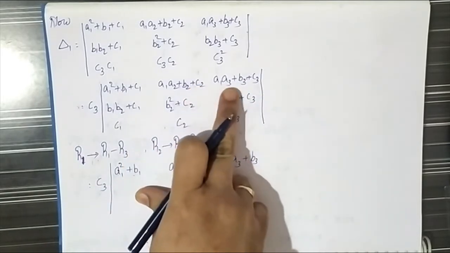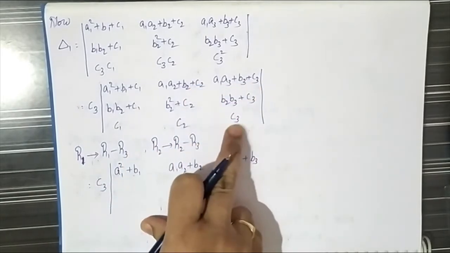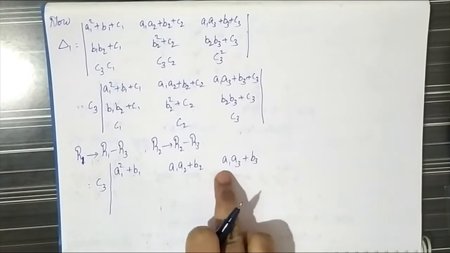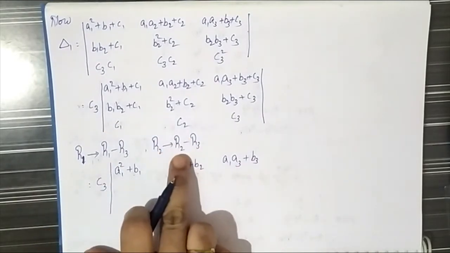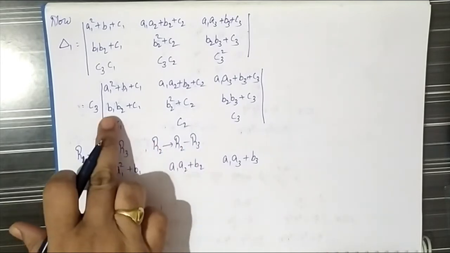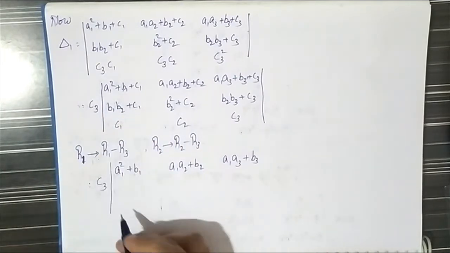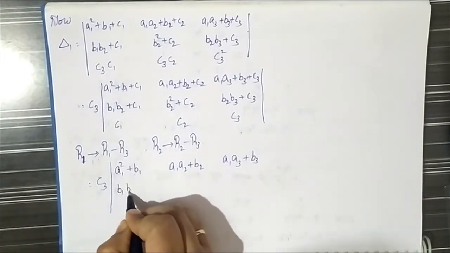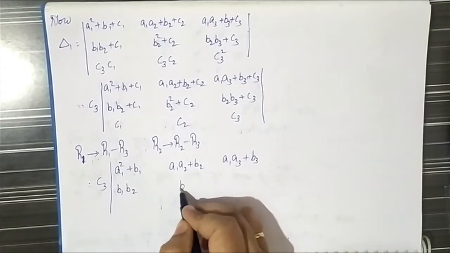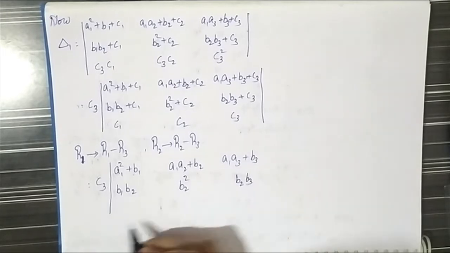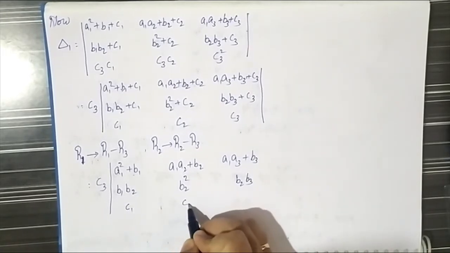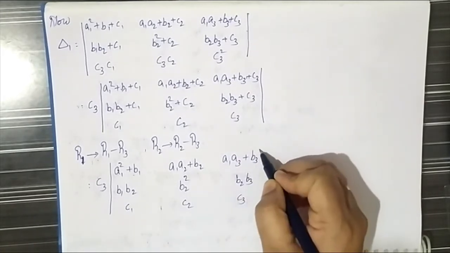Here also in a1 a3 plus b3 plus c3 minus c3, the c3 terms get cancelled. Then the remaining value is a1 a3 plus b3. In the second row also we do the same operation, R2 minus R3. That means b1 b2 plus c1 minus c1, the remaining term is b1 b2. Here b2 square, b2 b3. Here c1 c2 c3.